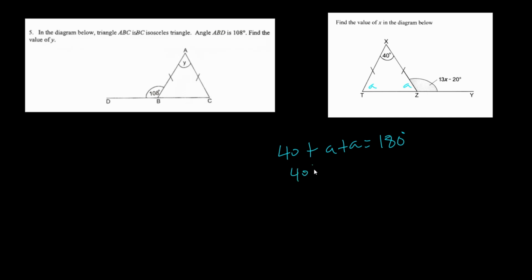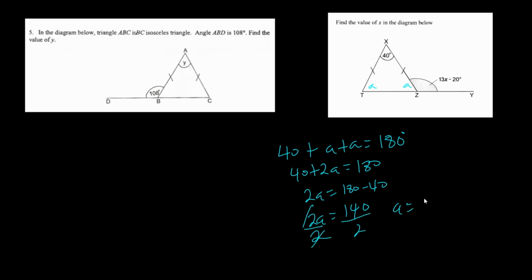So 40 plus 2A is equal to 180. Then 2A is equal to 180 minus 40. 2A is equal to 140. Now I'm going to divide both sides by 2. Then I'm going to get 70 degrees, which means that the base angles are 70 degrees each.